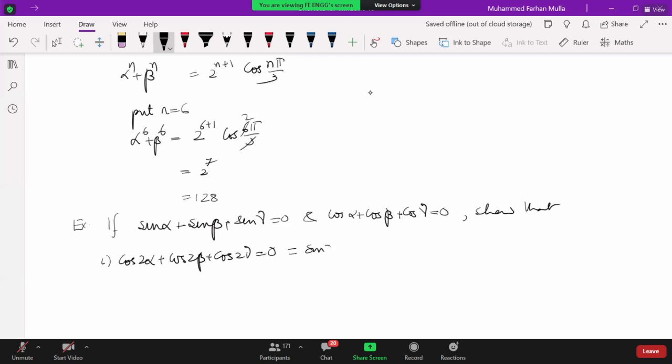Also sin 2 alpha plus sin 2 beta plus sin 2 gamma also is equal to 0. Okay, it's also 0.